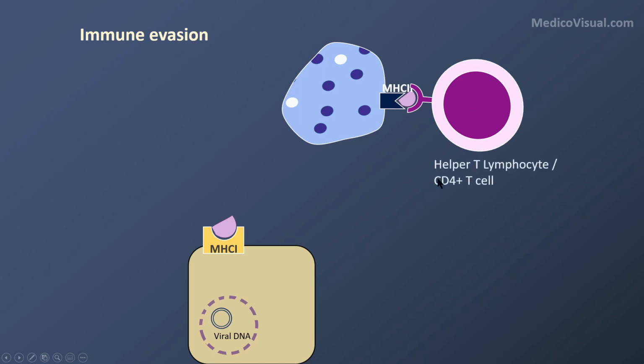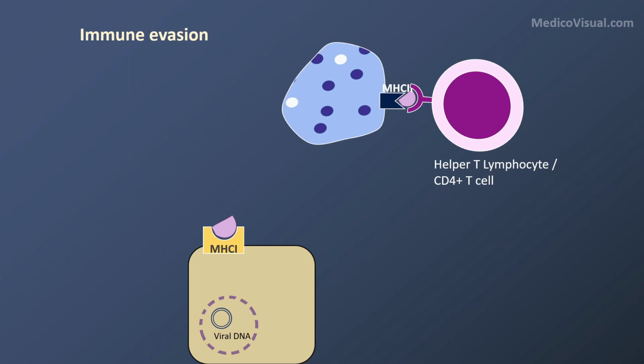This helper T lymphocyte is also called a CD4 T cell. Why is it called CD4? Because it has a receptor called CD4. Simple as that. I'm not going to go into details, as then we would go into the depth of the immune system, which I don't want.